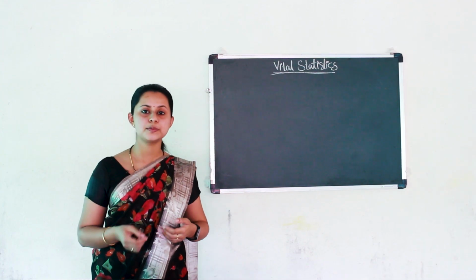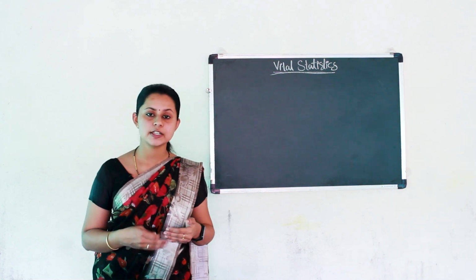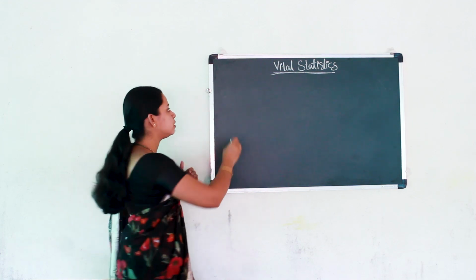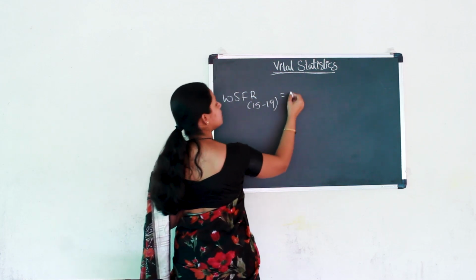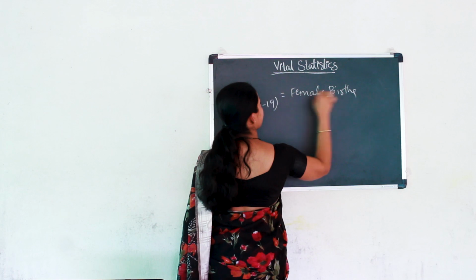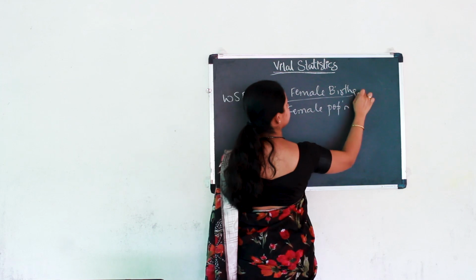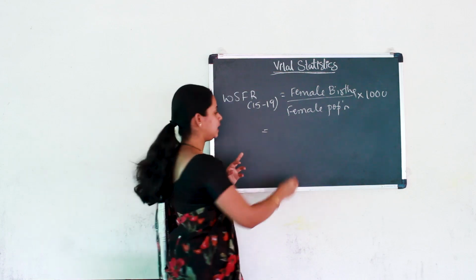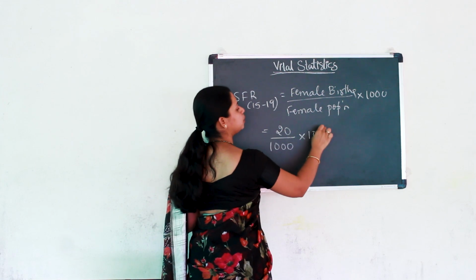In the solution to this problem, we first need to find the WSFR, that is the women specific fertility rate. First we shall find it for the first age group, 15 to 19 years. WSFR is given by female births divided by female population into 1000. The first value of female births is 20, divided by female population 1000, into 1000.